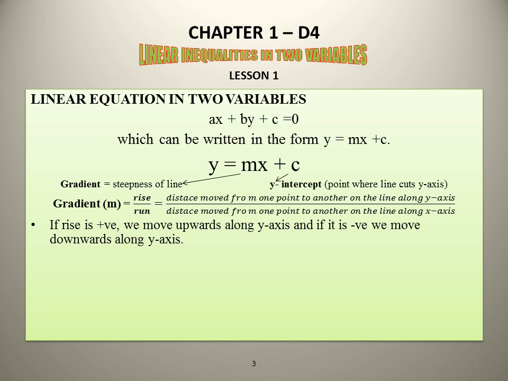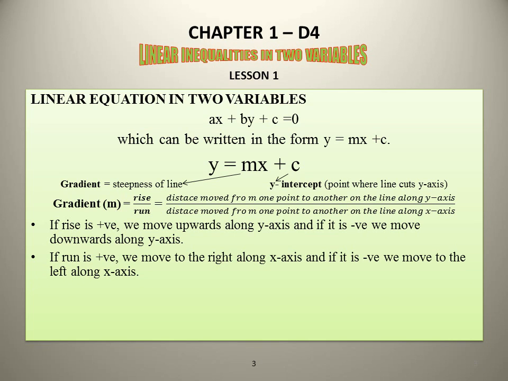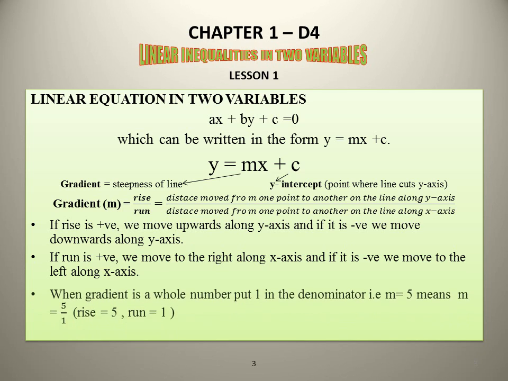If rise is positive, we move upward along y-axis, and if it is negative, we move downward along y-axis. And if run is positive, we move to the right along x-axis, and if it is negative, we move to the left along x-axis.